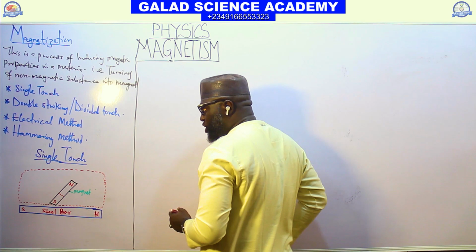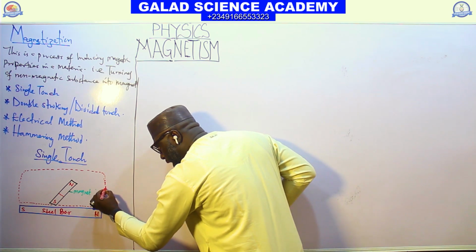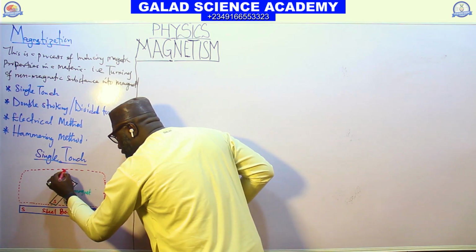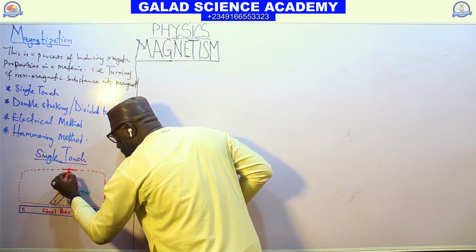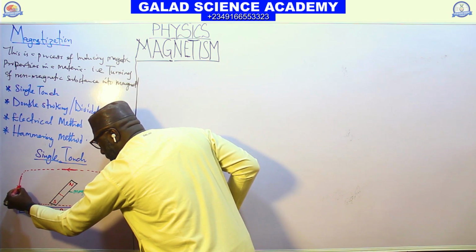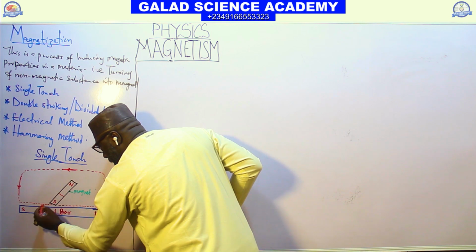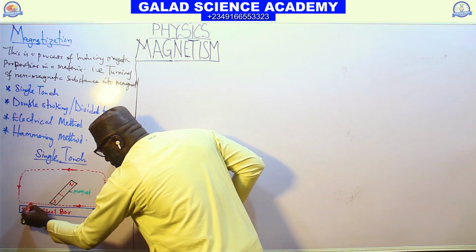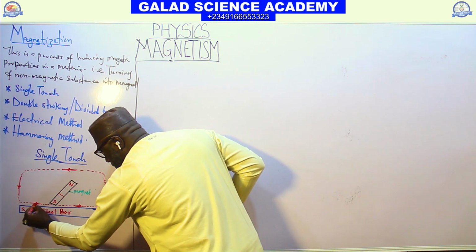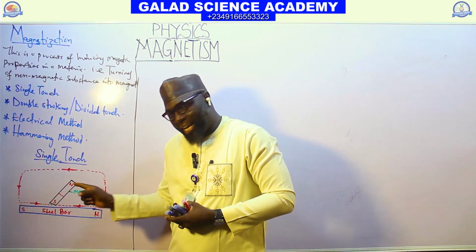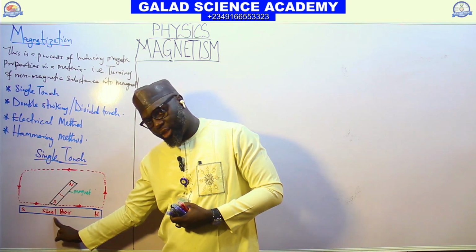This is the direction of the rolling. So this is the magnet, and this is the non-magnetic substance.